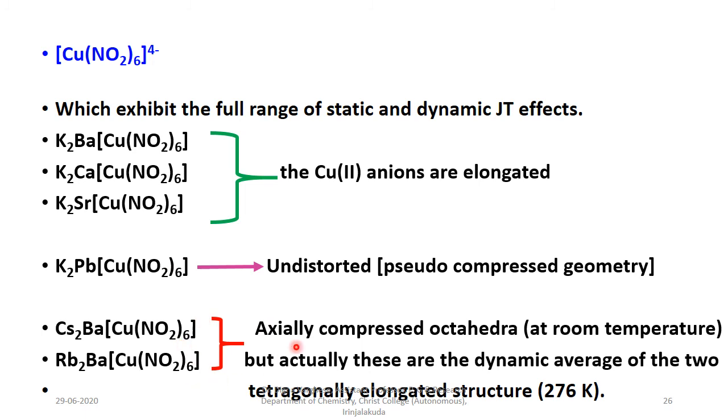In these cases, axially compressed octahedra is obtained at room temperature, but actually these are a dynamic average of the two tetragonally elongated structures. So at low temperature the tetragonally elongated structure is obtained, but at room temperature it shows the axially compressed octahedra.